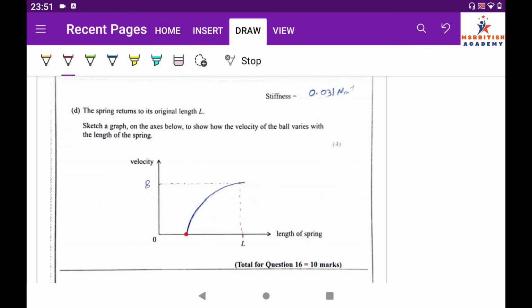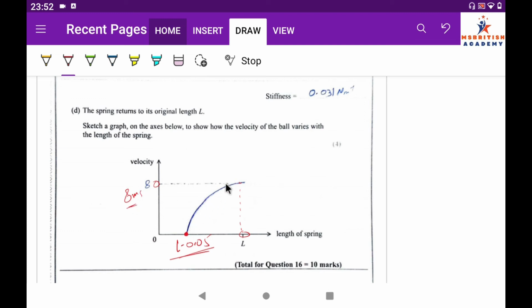When we compress it by 0.05 meter, at that moment the ball has zero velocity, and later when you release it, it will come to its original length, and here the ball will attain 8 meter per second velocity.